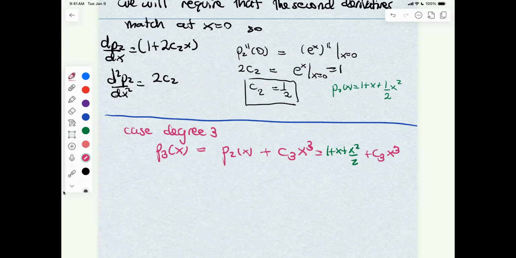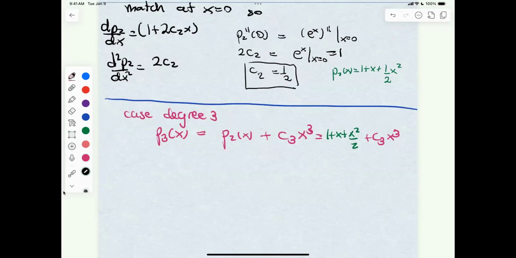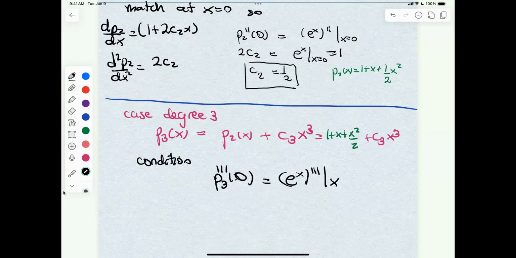So the condition we're after is that the third derivative, I'll just write the prime notation one more time, should be the third derivative of the exponential when x equals 0.